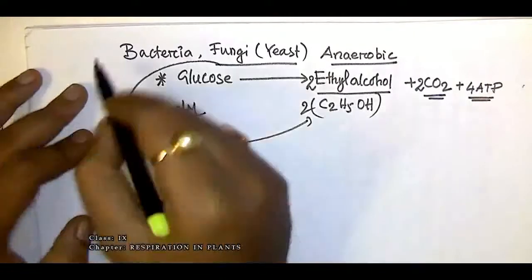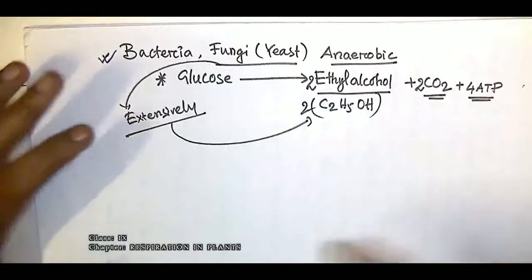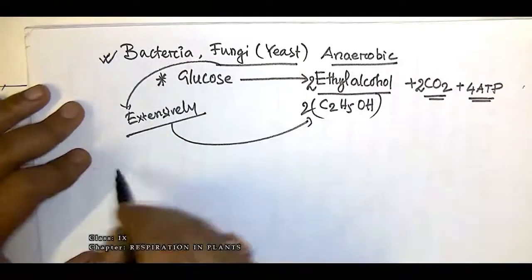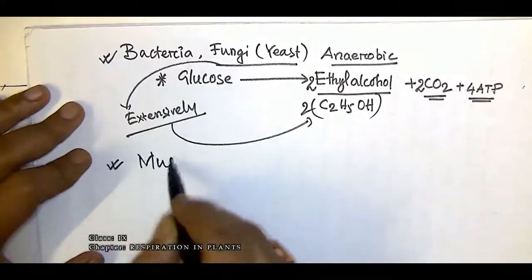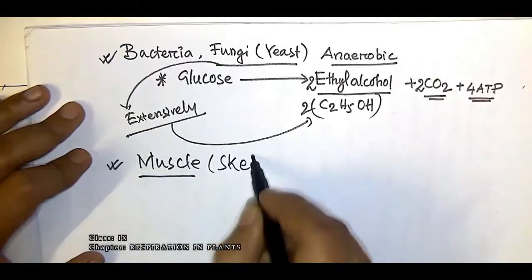So this is commonly seen where? In bacteria, in fungi, like yeast. But in your muscles, we don't see this. We see a completely different situation. So in your muscle, what is going to happen, especially in which muscle? Skeletal muscle.